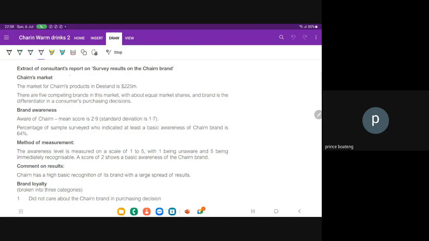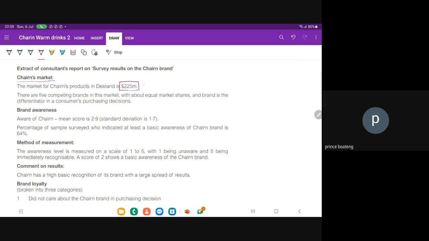So extract of consultant report on survey result on Sharon brand, Sharon market. The market for Sharon product in D-land is 225 million. Now, tell me one thing, is this 225 million the demand for Sharon, or the demand for the whole D-land? No, the whole D-land.